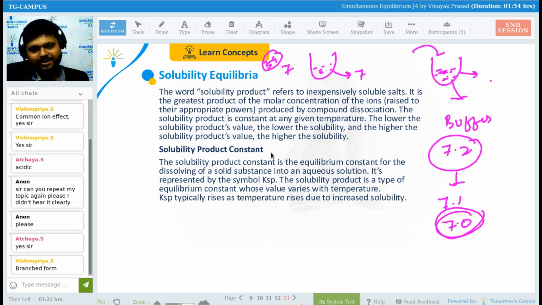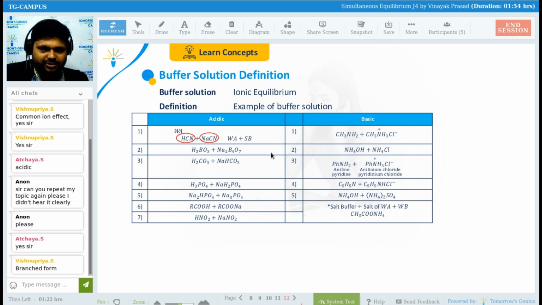So now you will ask how this solution can resist changes. Yes, the solution can resist changes. It will not change its pH even when you pour in an acid or base.